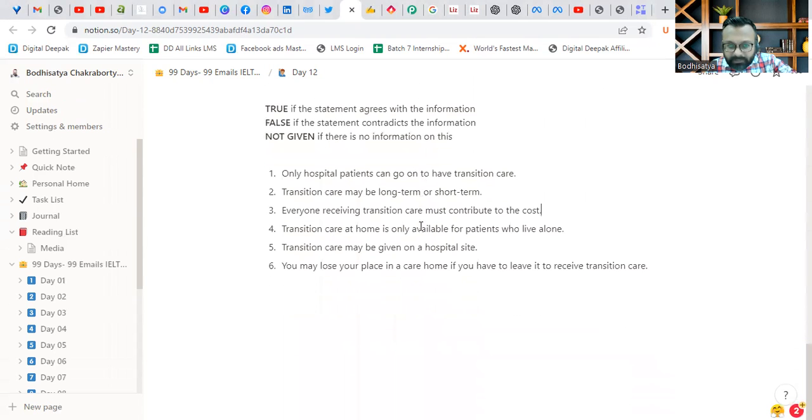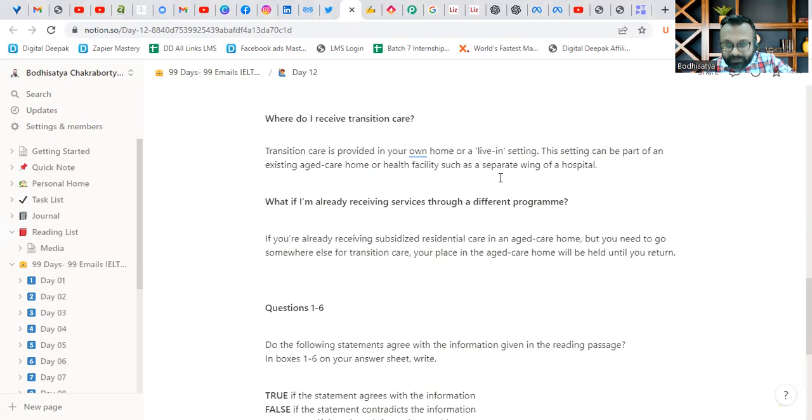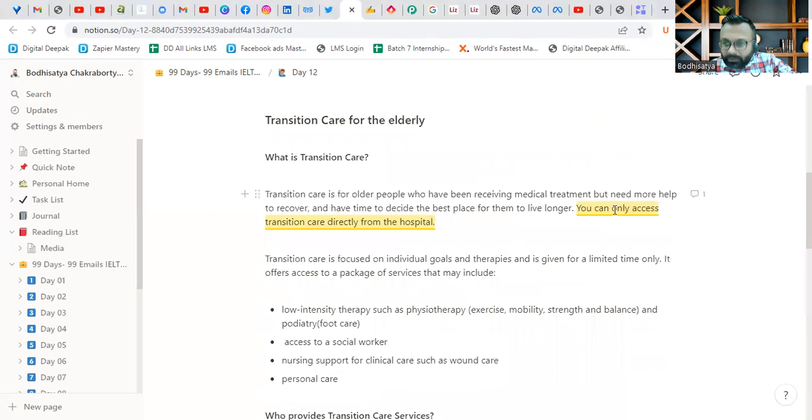The question here again is only hospital patients can go on to have transition care. The statement is in complete accordance with the question. The answer will be true. It is as simple as this.